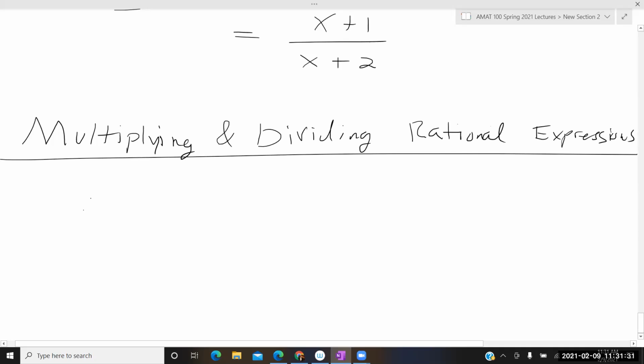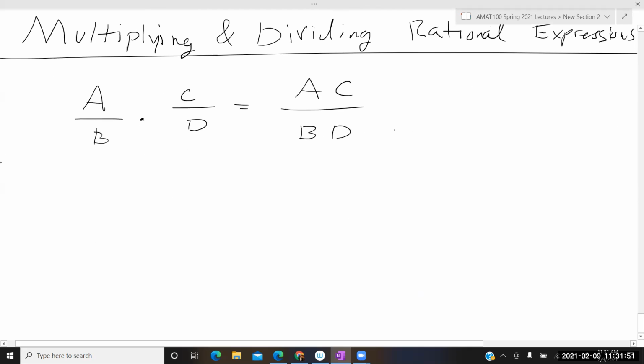Again, it comes down to a simple rule. When your rational expressions are of this form, with multiplication in the middle, you simply multiply the numerator by the numerator, and the denominator by the denominator. So let's look at an example.